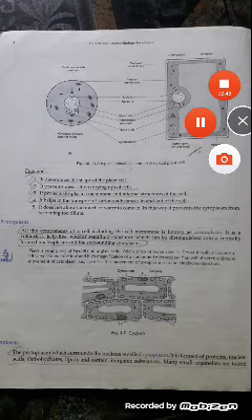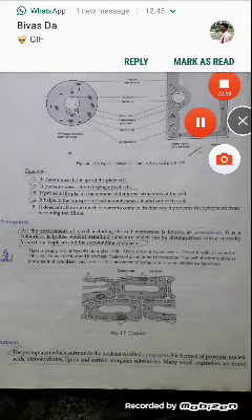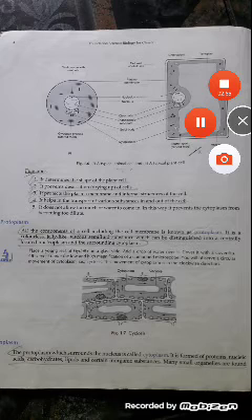Last point, it does not allow too much water to come in. In this way, it prevents the cytoplasm from becoming too dilute. Now, these are all the functions of the cell wall.